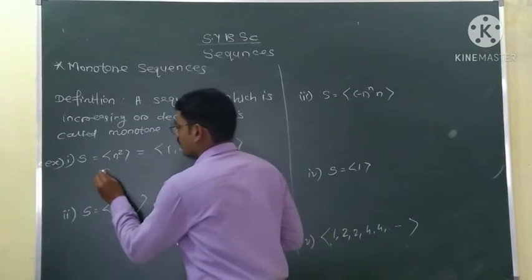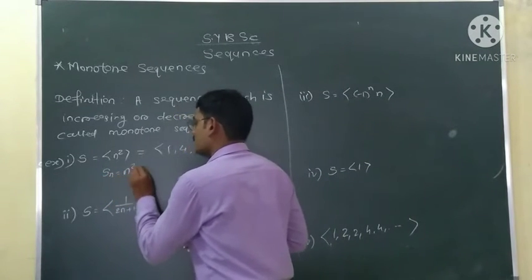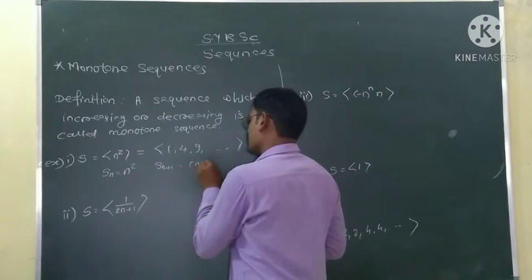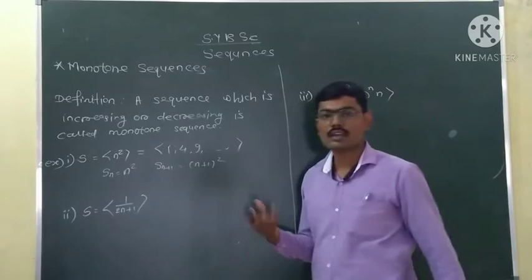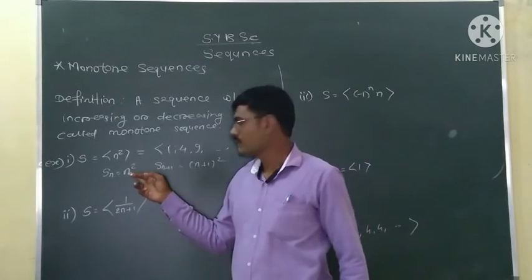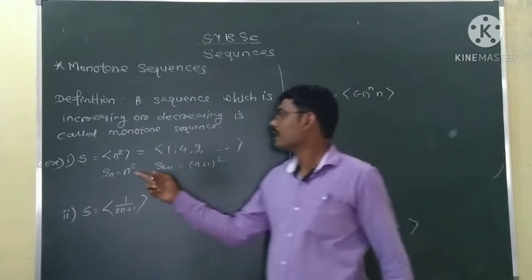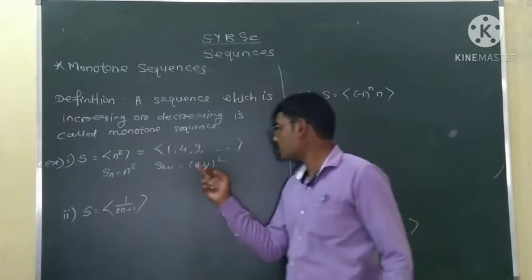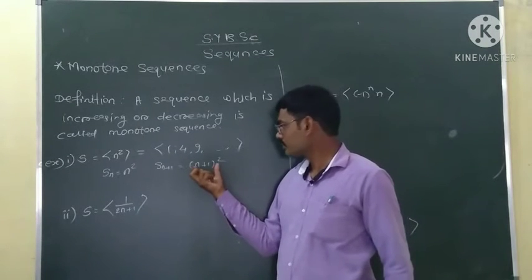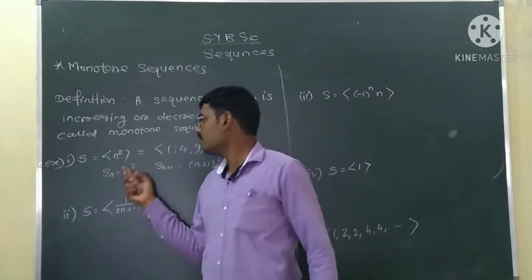Or we can say here Sn is equal to n square and Sn plus 1 is equal to n plus 1 square. Now from our observation, n plus 1 square for any natural number is always greater than n square.